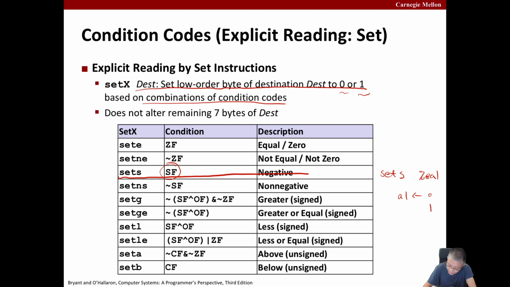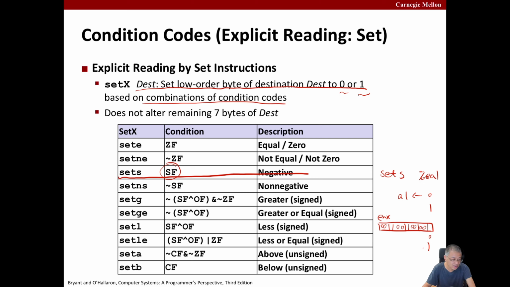Okay, as we have mentioned, for the EAX register there is a 32-bit value. So it will actually set only the lowest bit, either 0 or 1, but all those other bits will keep their current value.